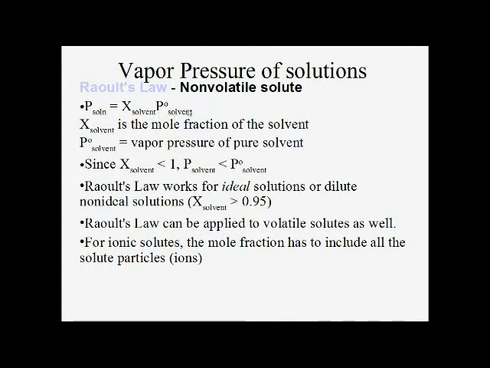P0 is the vapor pressure of the pure liquid, pure solvent. We found that as the fraction of the solvent in the solution decreases, the vapor pressure of the solvent decreases over the solution. So it's a linear relationship of pressure times mole fraction that will give us the partial pressure of the liquid over the solution.